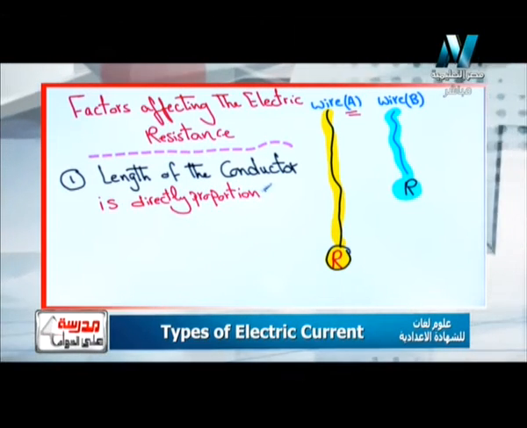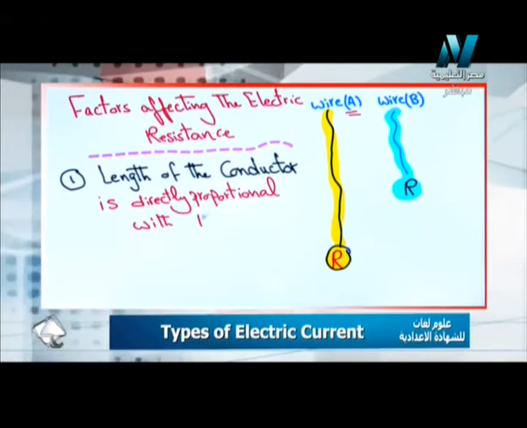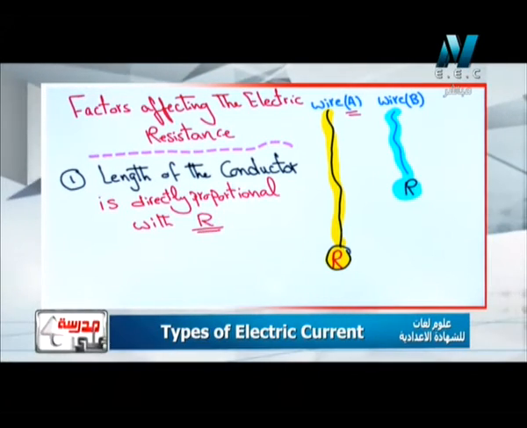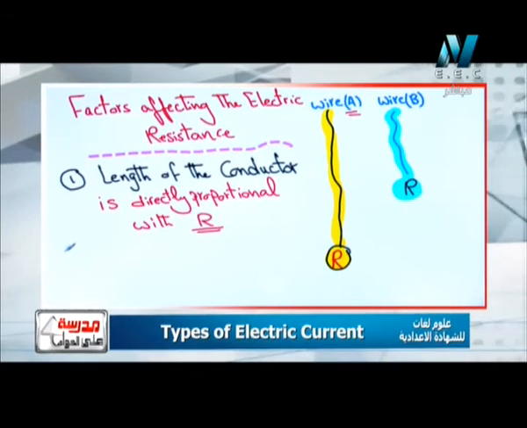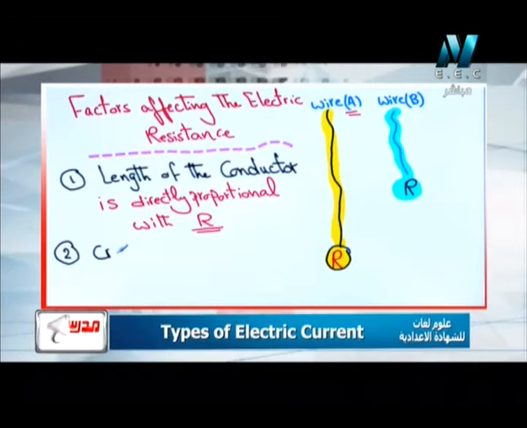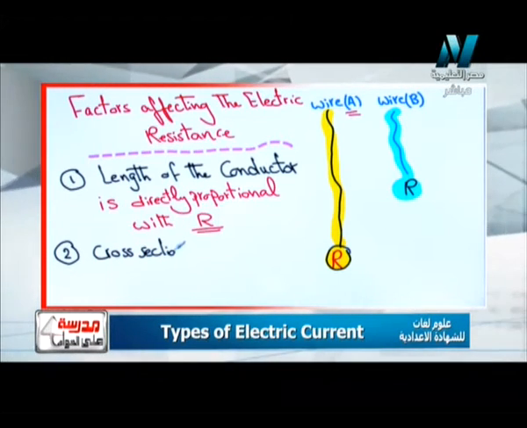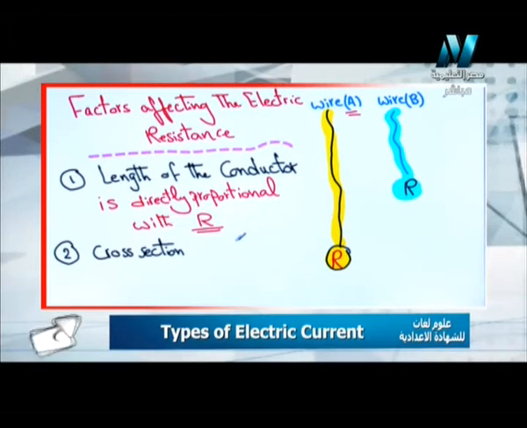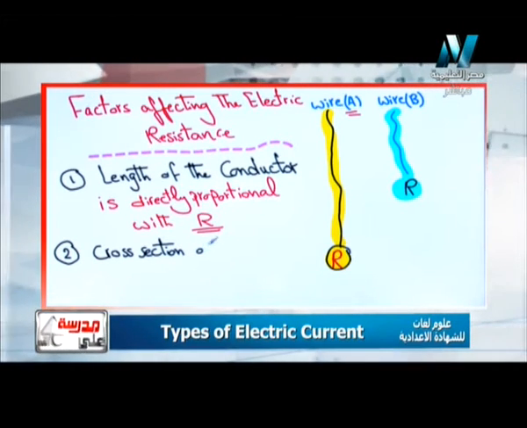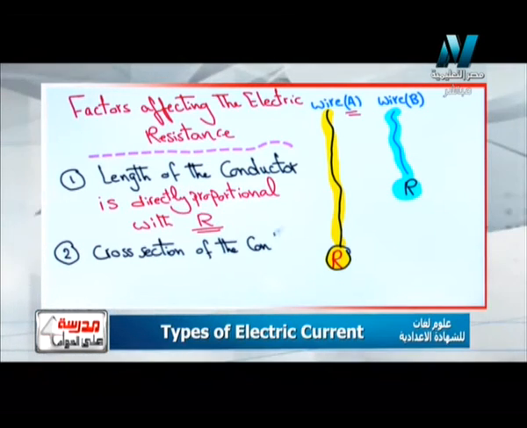The factor number two is the cross section, which means the thickness of the wire. Cross section of the conductor or of the wire.